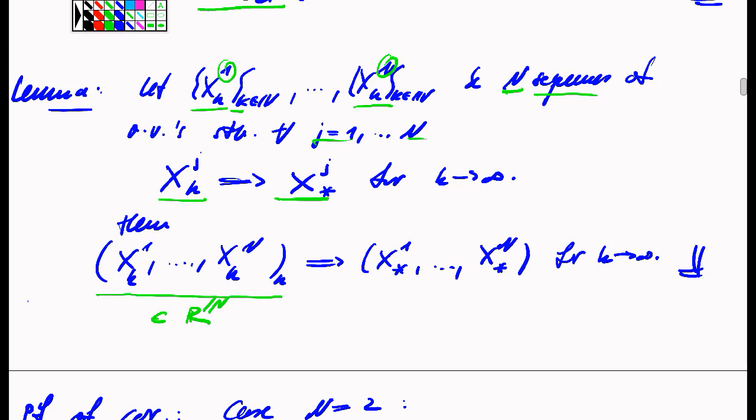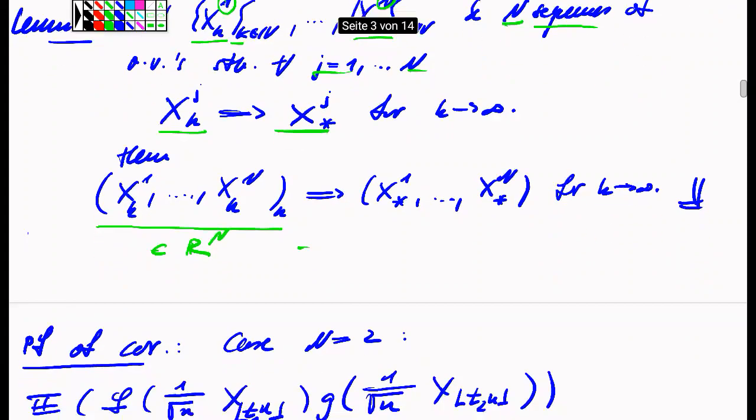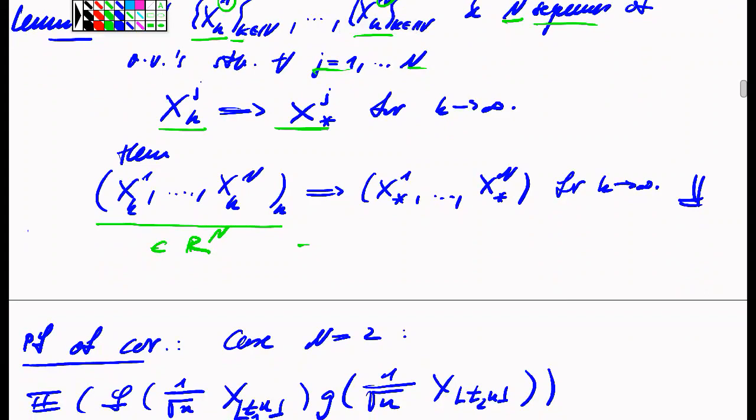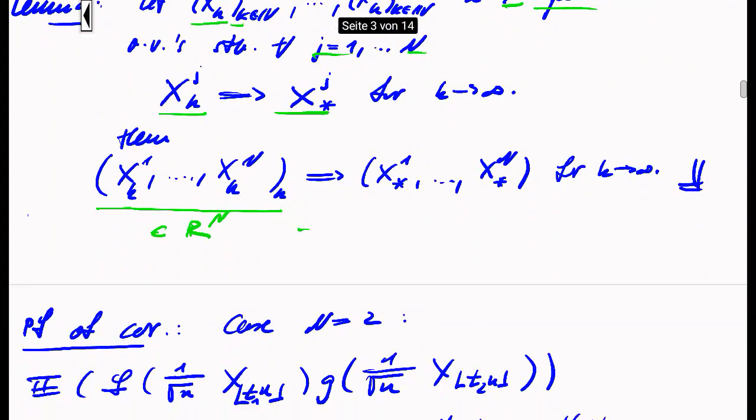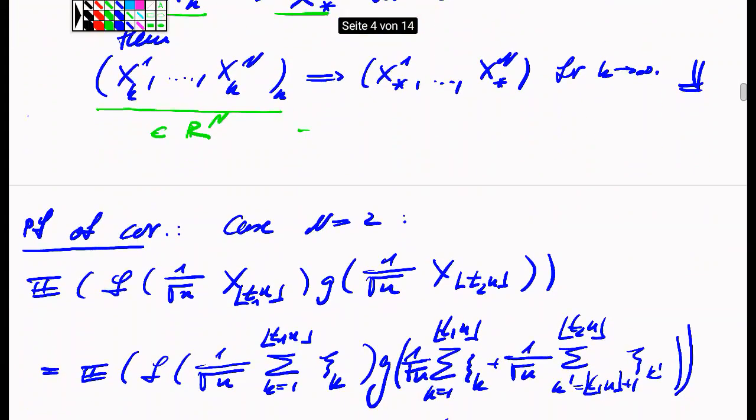Then this Rn valued sequence of random variables will then converge weakly to an Rn valued random variable, which is just the composition of these independent random variables. That's a straightforward consequence of the concept of weak convergence.